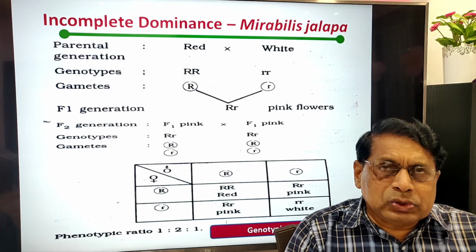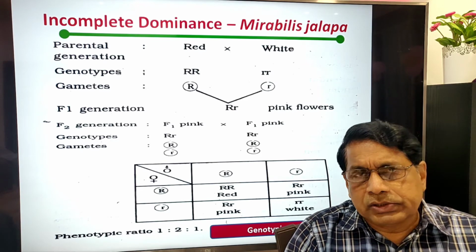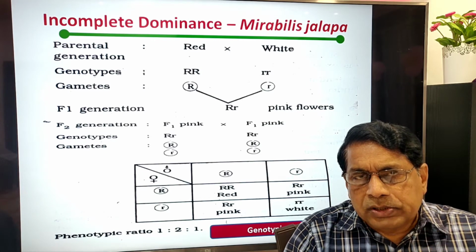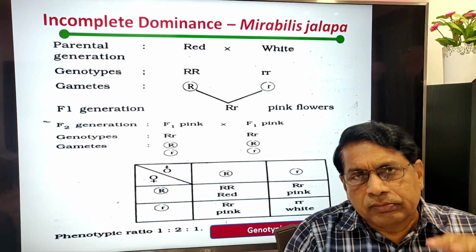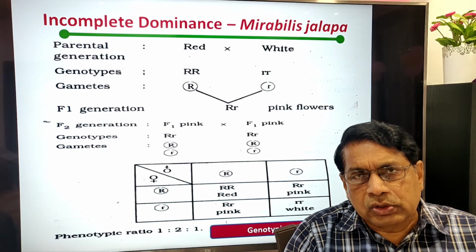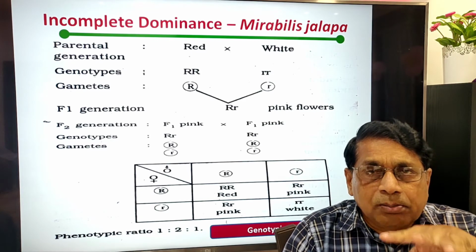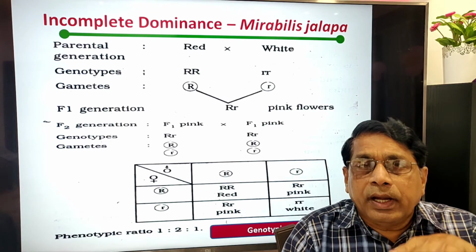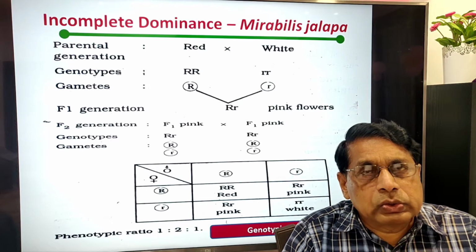Here there appears to be some dominance, but not complete dominance. In complete dominance, ratios are 3:1 and 1:2:1, phenotypic ratio 3:1, genotypic ratio 1:2:1. But in incomplete dominance, both phenotypic and genotypic ratios are the same, 1:2:1.